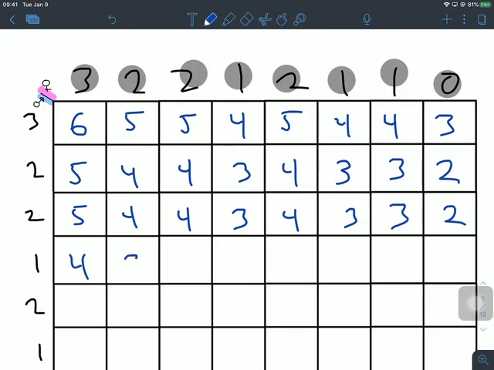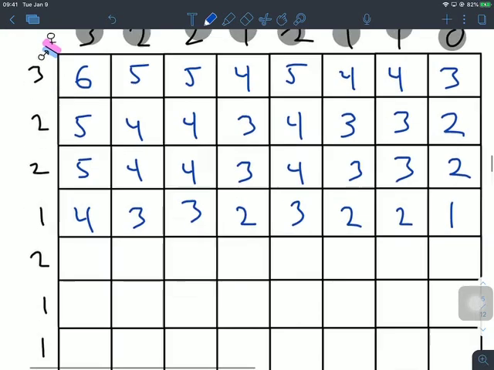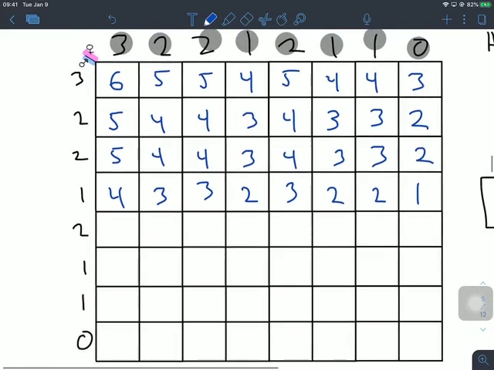4, 3, 3, 2, 3, 2, 2, 1. Next up, keep track of this. 5, 4, 4, 3, 4, 3, 3, 2.